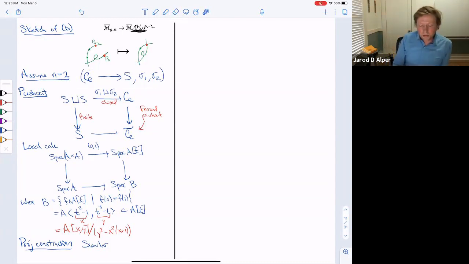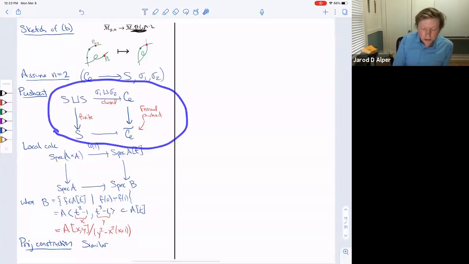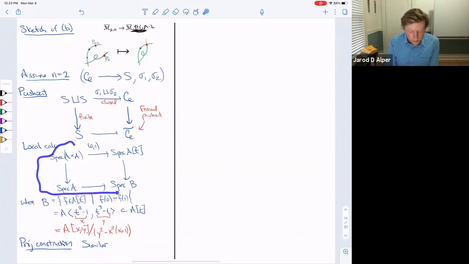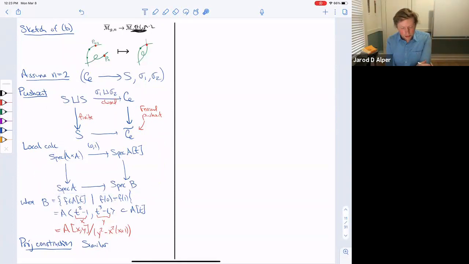And we want to glue these sections, and we could use a similar pushout diagram, but now we're going to use this diagram where this is a closed immersion, and this is just a finite map. So we're really using Ferran's setup where one map is a closed immersion, the other is finite, to get the existence of the pushout. And then the local calculation is similar, but a little bit different.